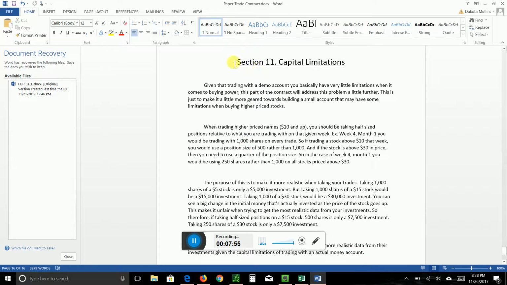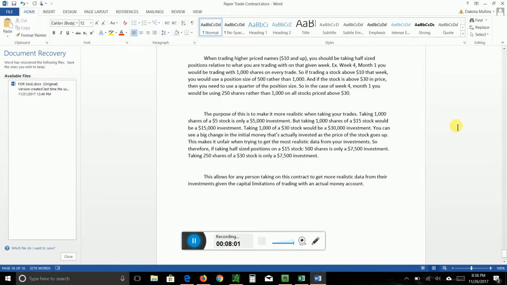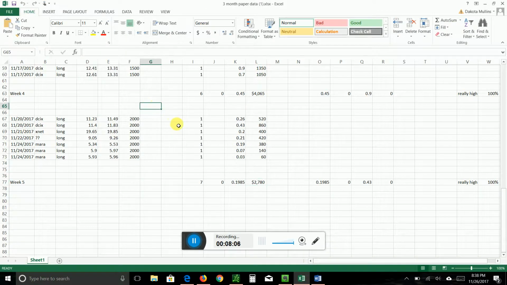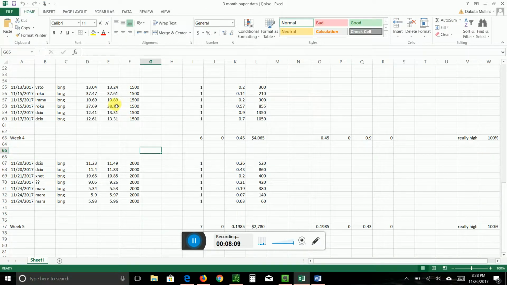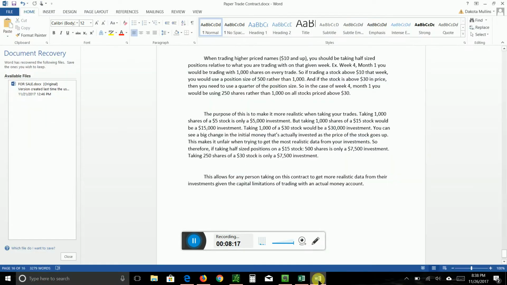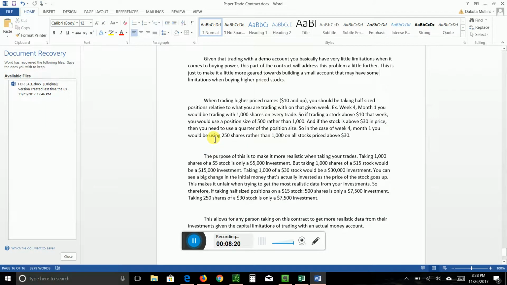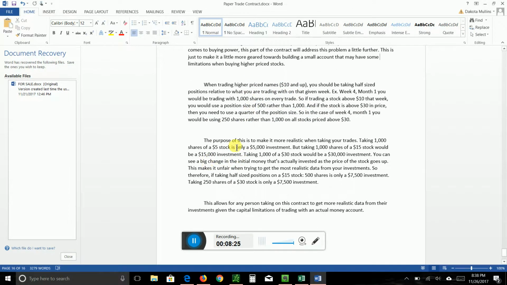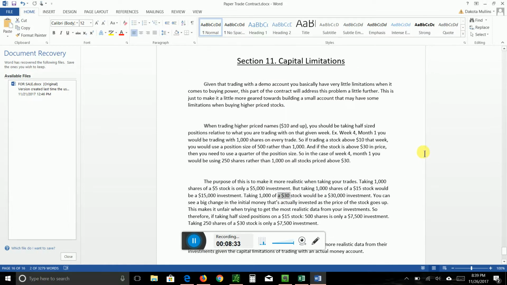And I also made a section here on capital limitations. That was something that kind of bothered me last week when I was trading this high price stock. I'm gonna have some limitations from now on trading something like that. Like a stock that's over $30.